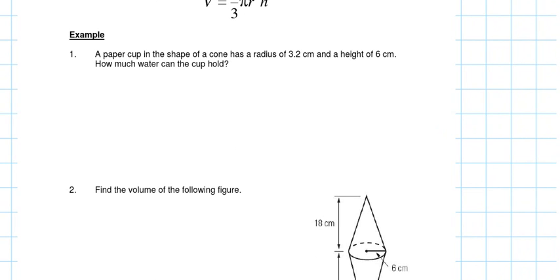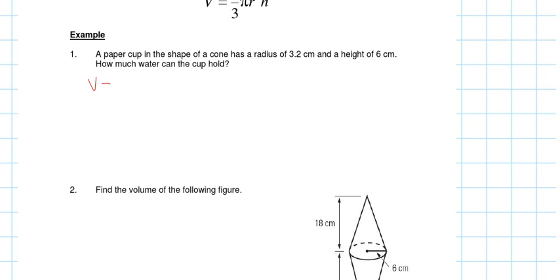This example here: a paper cup in the shape of a cone has a radius of 3.2 centimeter and a height of 6 centimeter. How much water can the cup hold? So what would you do? Plug in the values into the formula, right?